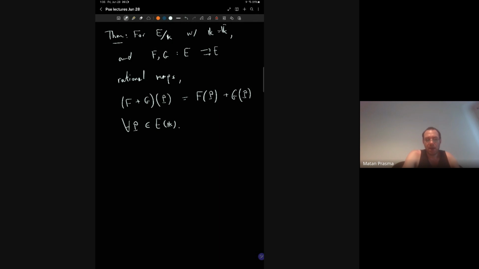And I mentioned that really the goal of the current few sessions is to understand the torsion points. So I think I gave this definition before, but let me repeat it.